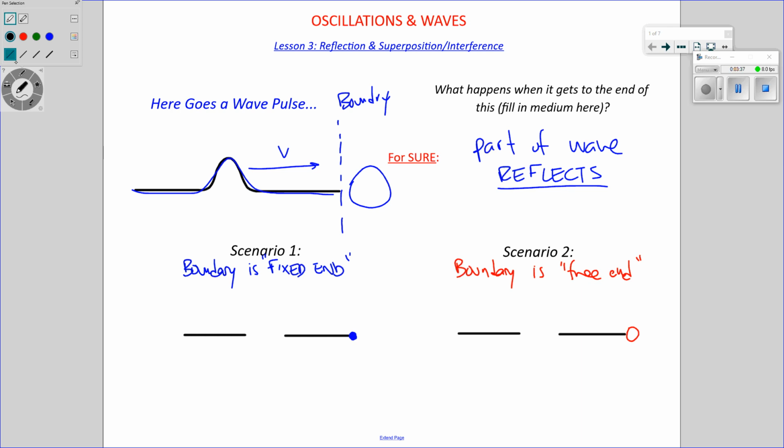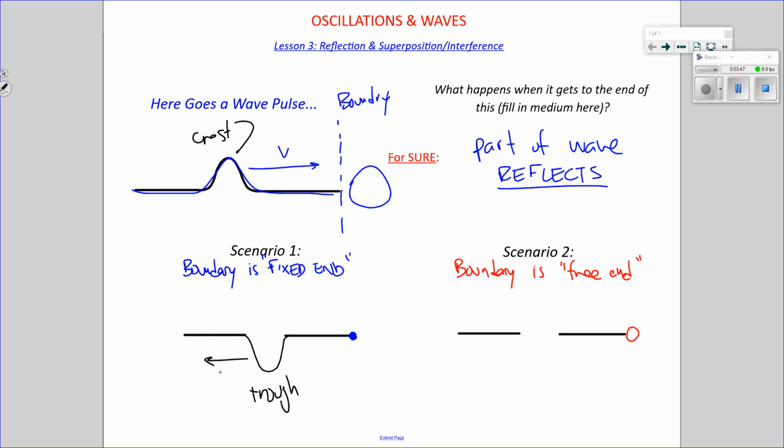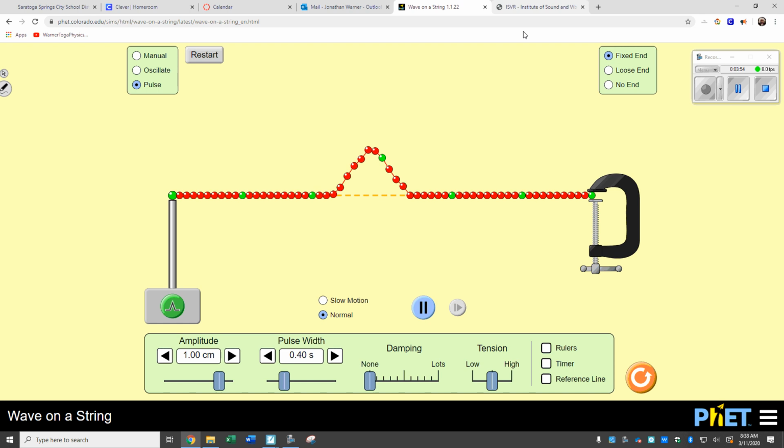After this crest bounces off this boundary, it comes back like this as a trough and goes back that way. And we're saying there's no energy loss here, because note that the amplitude of this crest and trough are the same size. Same amplitude, so we're not losing any energy. All of this wave is reflected back in the direction it came from.